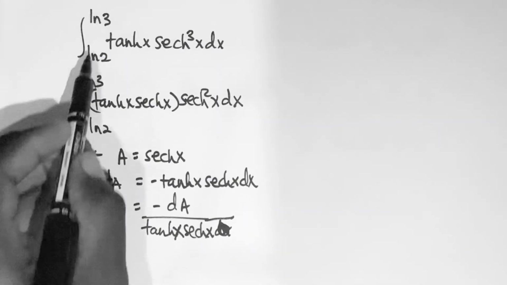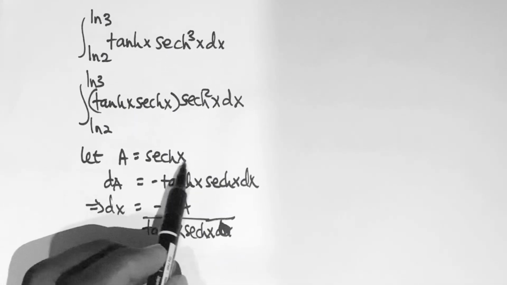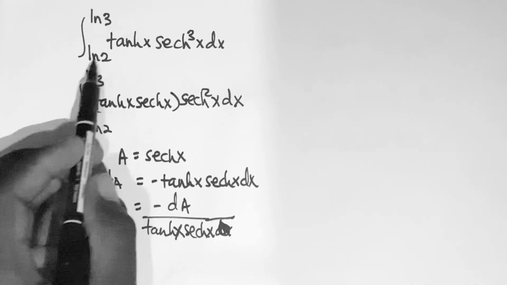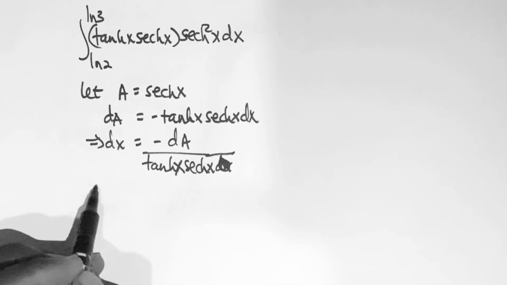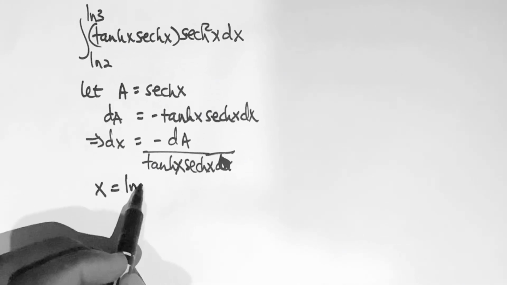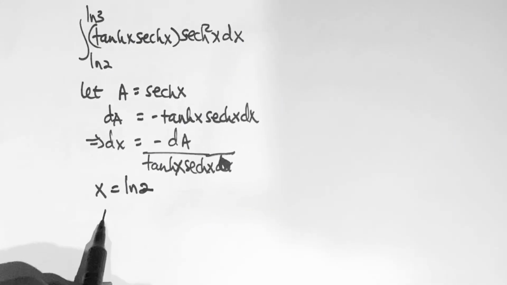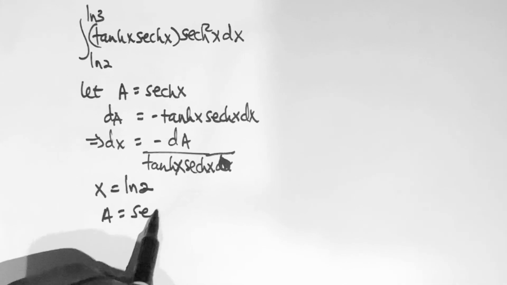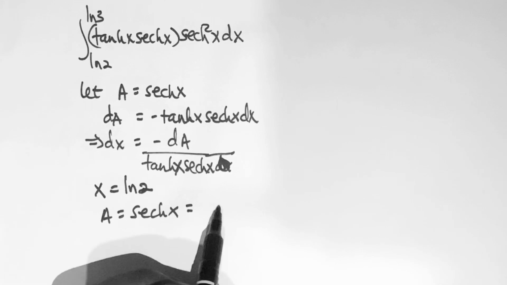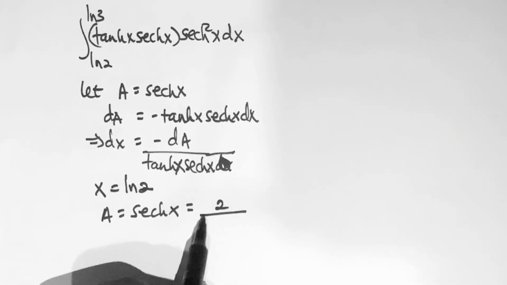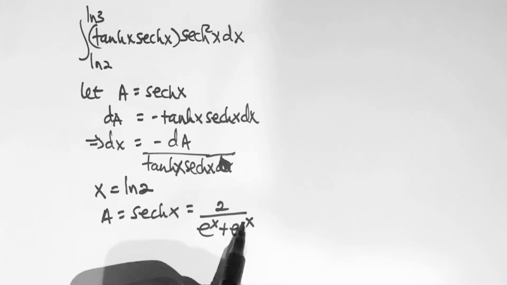But this is a definite integral. So since we have let a be equal to sec x, we need to change the limits in terms of a. So now if x is equal to natural log of 2, what is a? Remember that a is equal to sec x. Now this sec x can be written as 2 divided by e to the x plus e to the minus x.